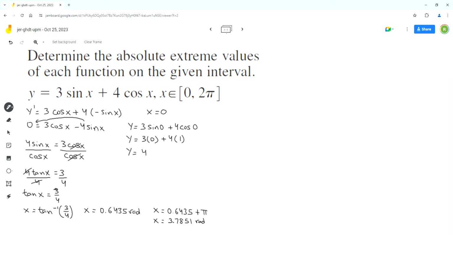Now we can use the x value 0.6435. So we can sub in this x value in the y function.